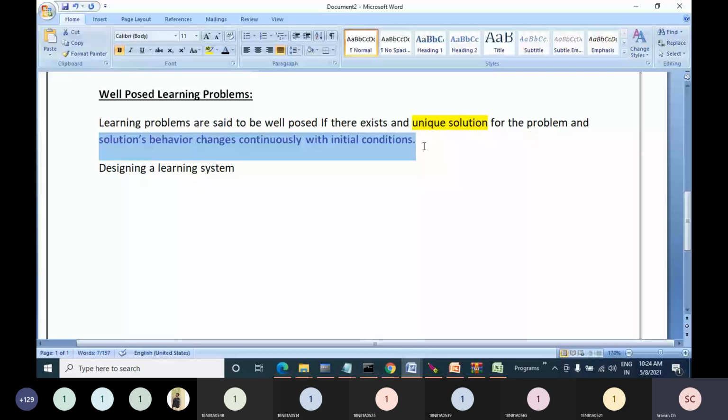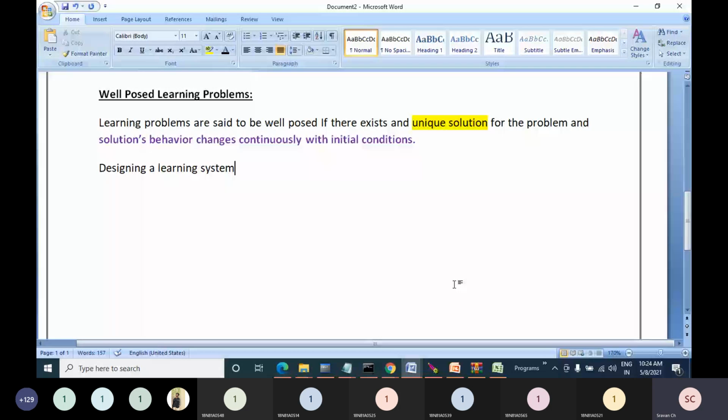What is the initial condition in our problem of y equal to mx plus c, the heights and weights example? We did not find any initial condition, but in future when we discuss neural networks, we will come across something called weights, adjusting the weights.